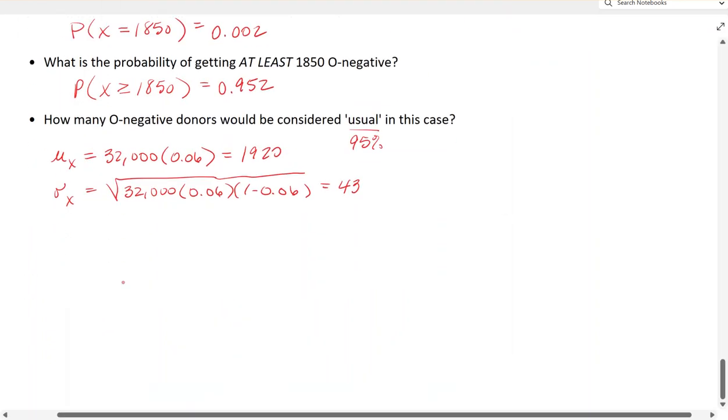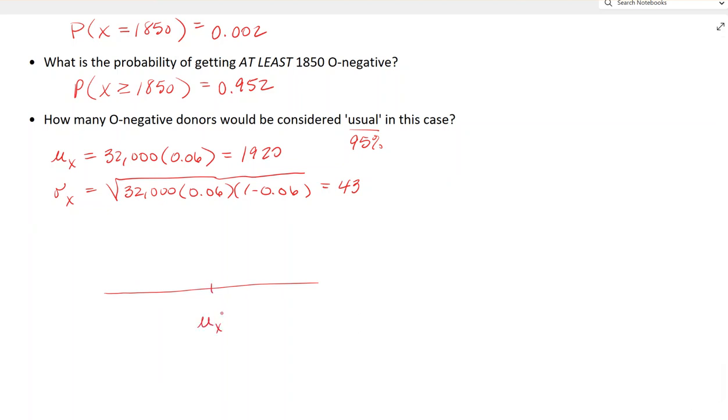Now, the empirical rule said in the middle is our mean, and in this case was the 1,920 O negative donors out of the 32,000 we would be seeing. And to the left of the mean, I'm going to subtract 2 standard deviations, and to the right of the mean, I'm going to add 2 standard deviations.